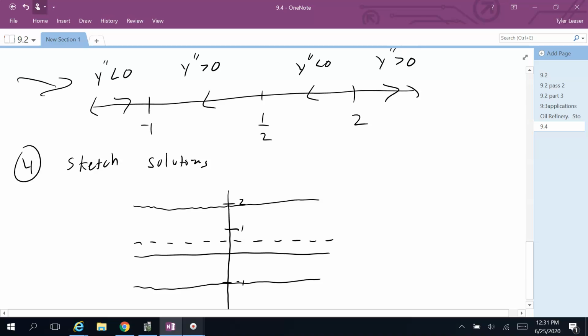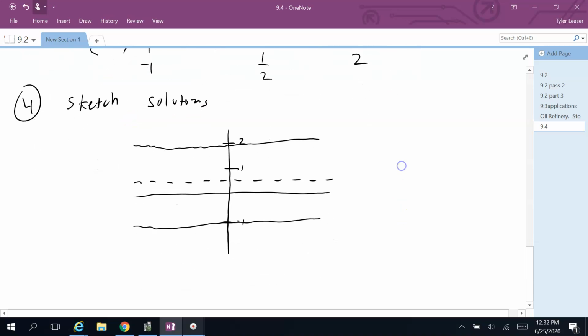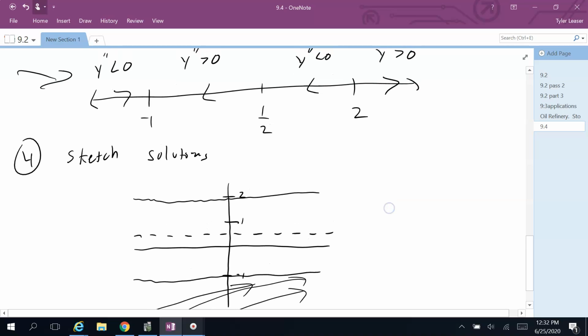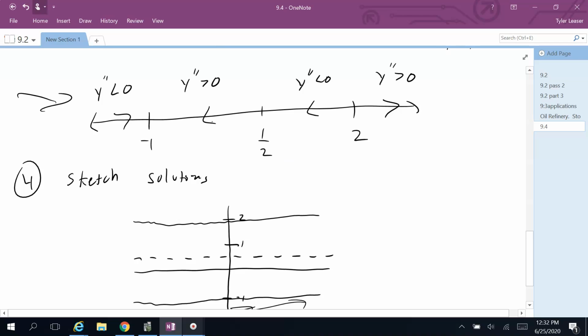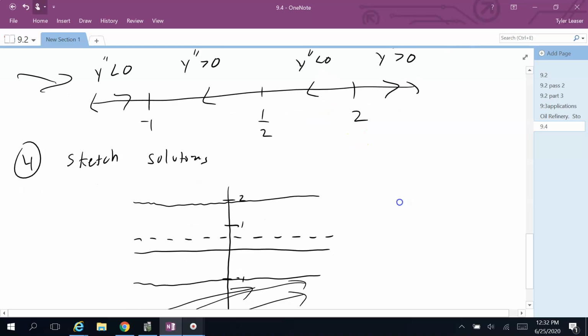Okay, now let's look at each of the different sections. Below -1, I have increasing and concave down. Increasing and concave down looks like this. So all of the solutions below -1 are going to approach -1 from below and then stop. All right, in between -1 and 1/2, I am decreasing and concave up. And then between 1/2 and 2, I am decreasing and concave down.